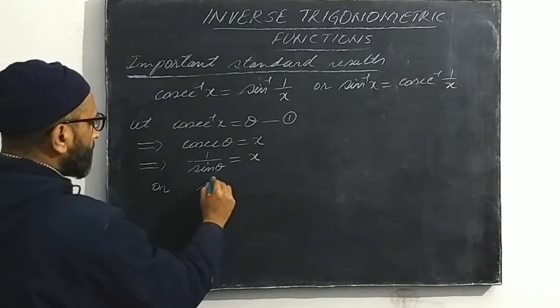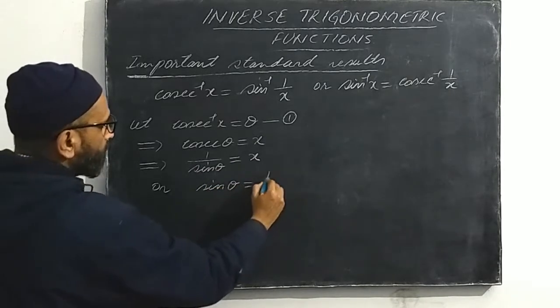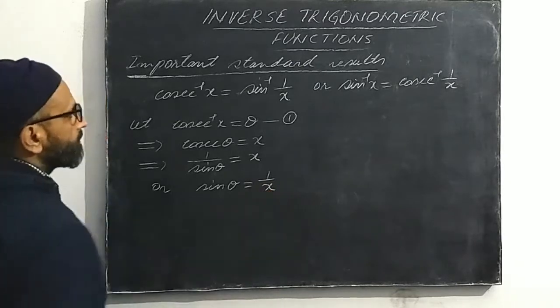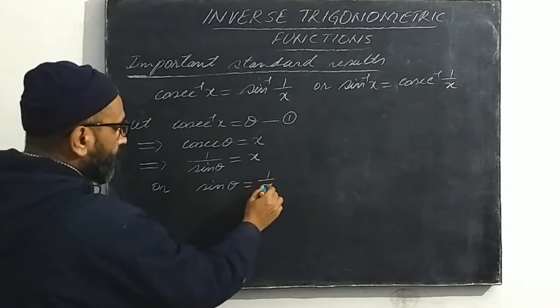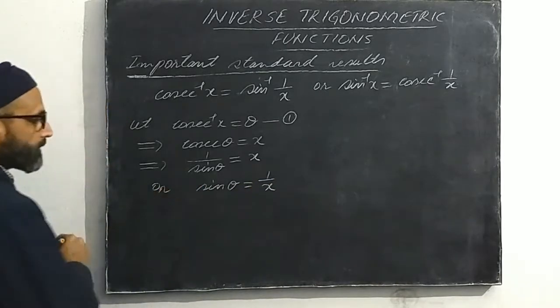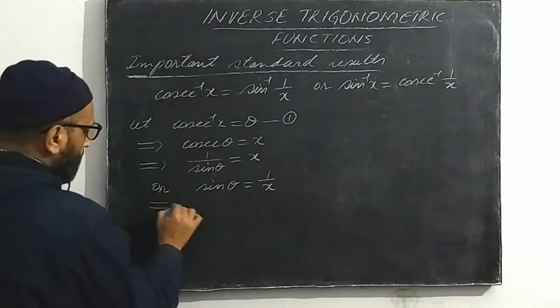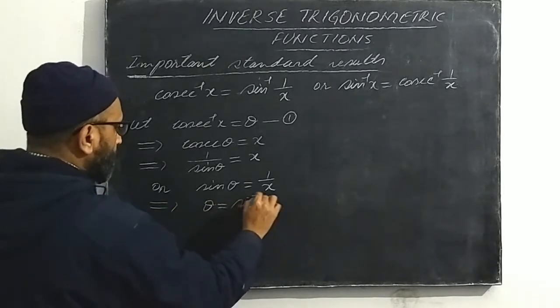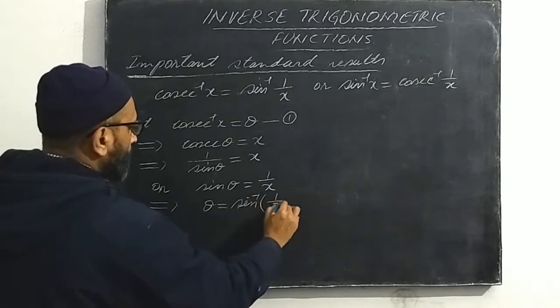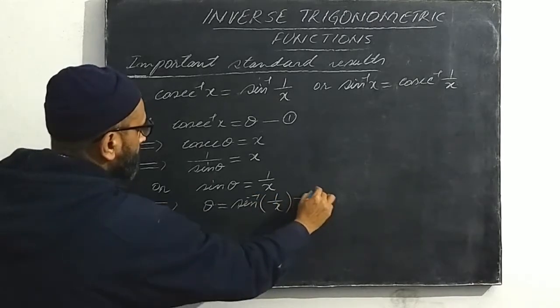So we have sine theta is equal to 1 upon x. By the concept of inverse trigonometric functions, it implies that theta is equal to sine inverse 1 upon x. This is equation number 2, say.